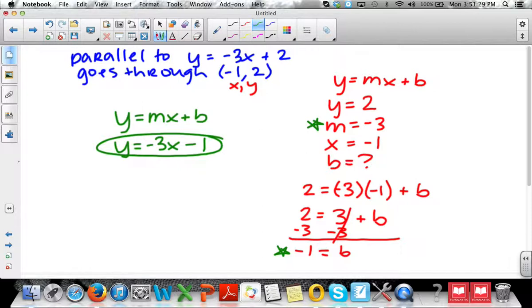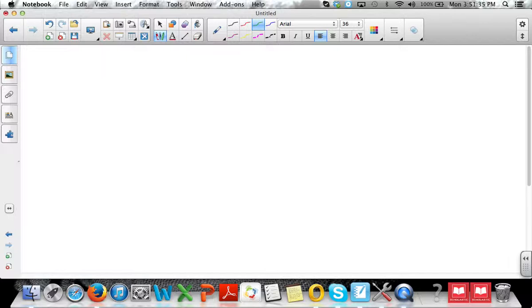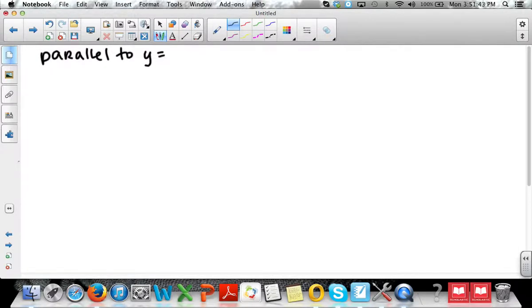Okay, now I want to do one other scenario. Well, I guess kind of two. So there's a couple tricky ones. It says parallel to y equals, let's say 2, and goes through, let's say (1, 3).